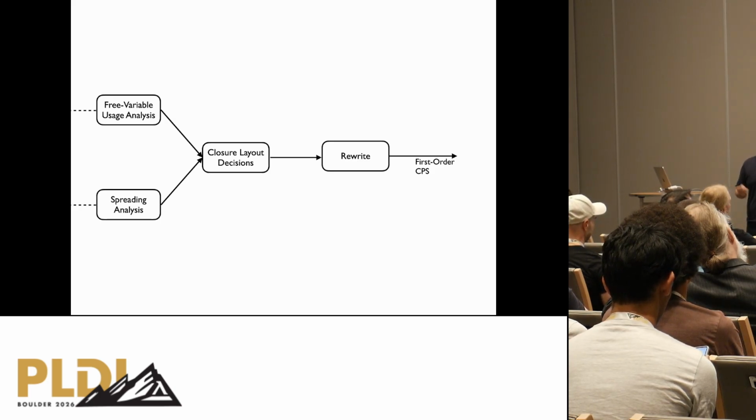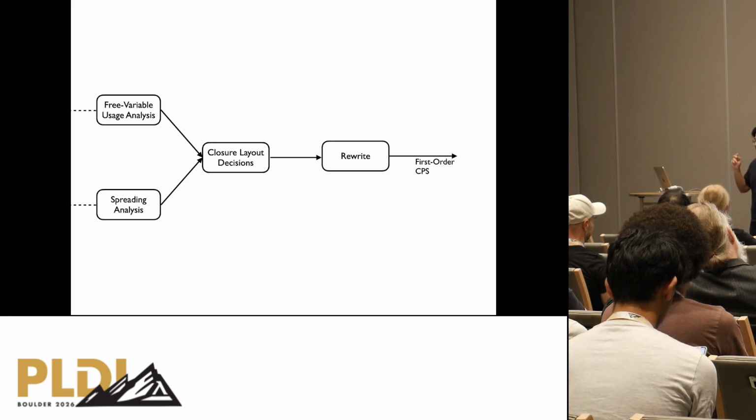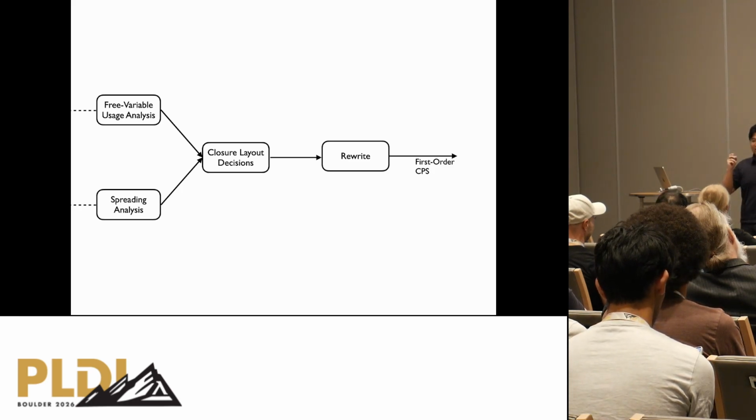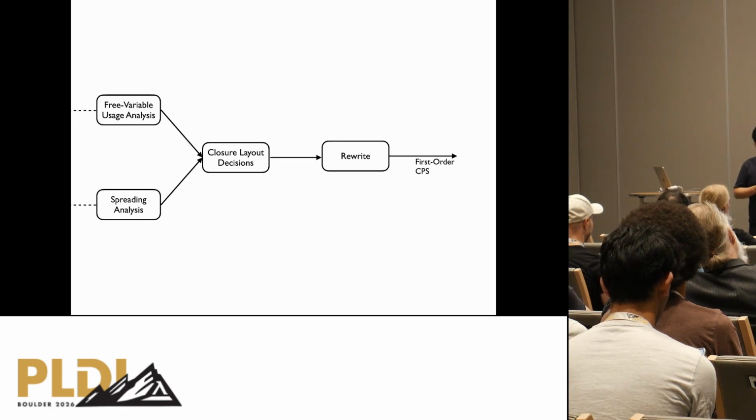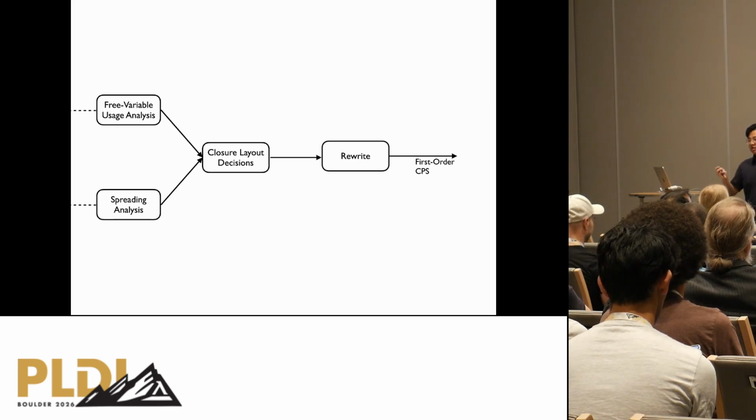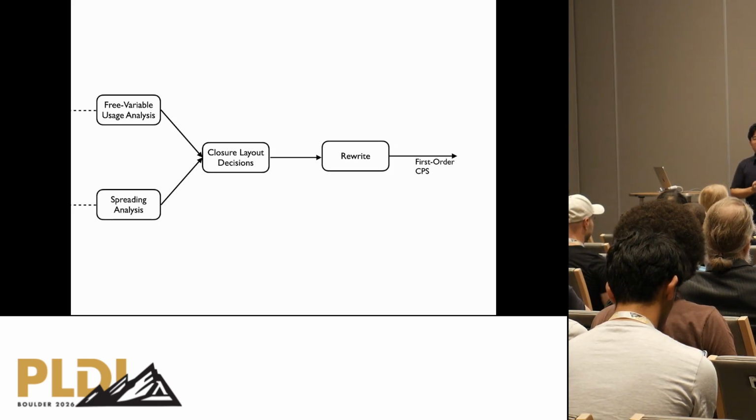We know a lot more about the program than we originally would without those analyses. So now we make the actual layout decisions by performing a top-down greedy traversal of the program text, and at the end we rewrite the program based on those layout decisions.